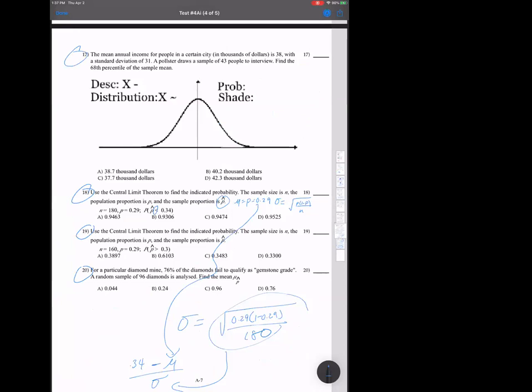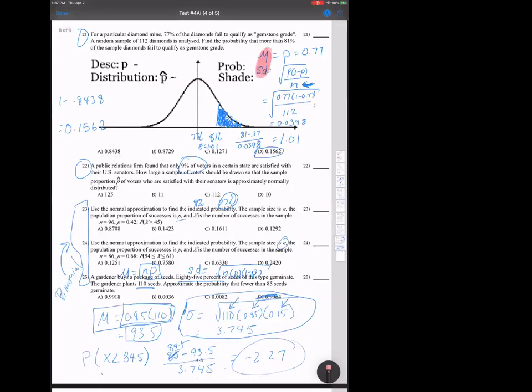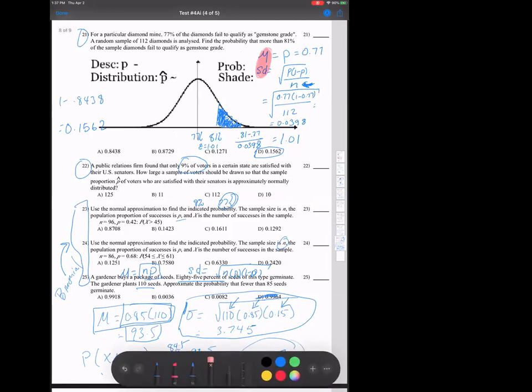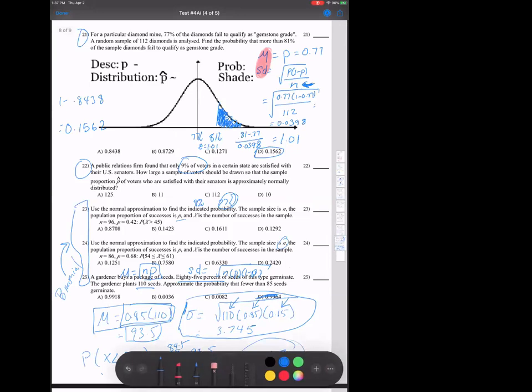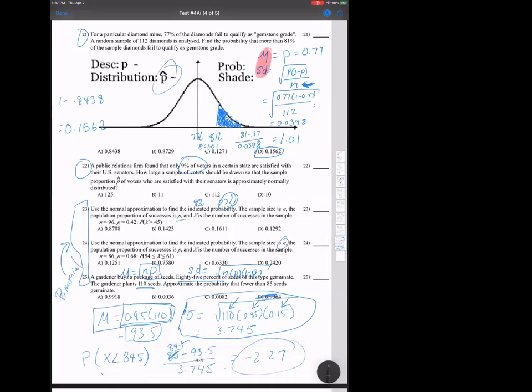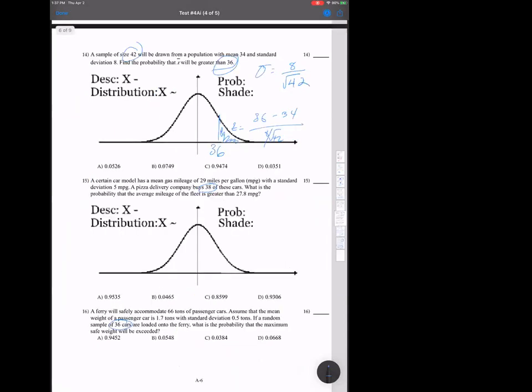No, not 17. Let me erase. Oh, there is one more formula. So those three, 18, 19, 20, 21, 22 right here, those 5 questions, those are proportion questions. Those are proportion questions. Right, and so I was saying there was one more formula, and that's the other question.